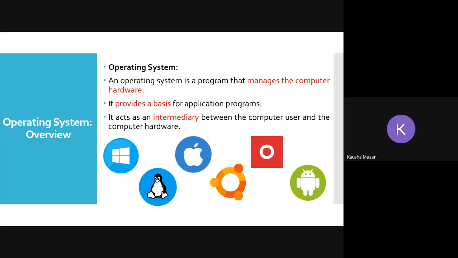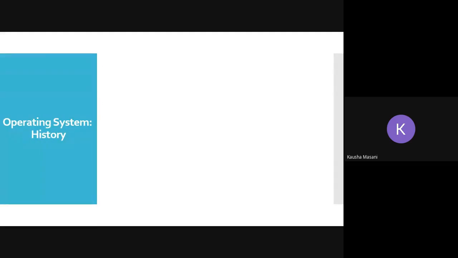This is a mixture of mobile OS and batch OS. Now coming to the history part, can anyone tell me who was the first one to make the computer? Charles Babbage. Exactly.